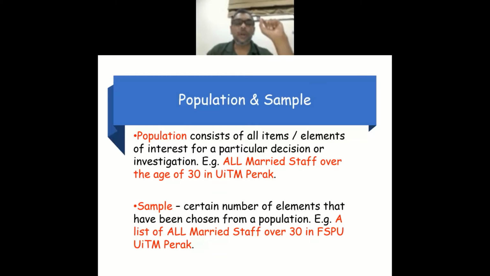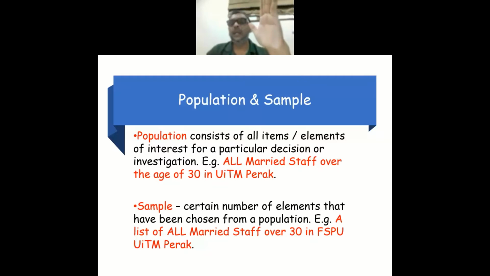Now, you go in to get your sample, certain number of elements that has been chosen from the population. Example, a list of all married men and married staff over 30 in FSPU. FSPU is a department lah.